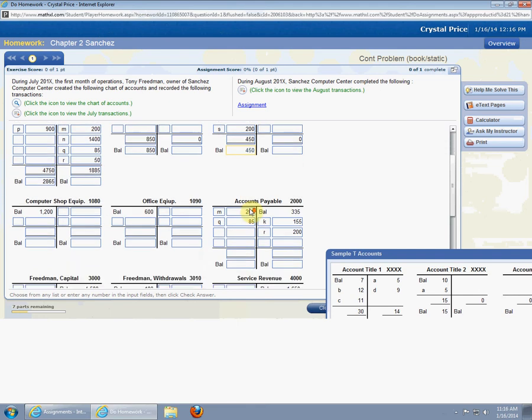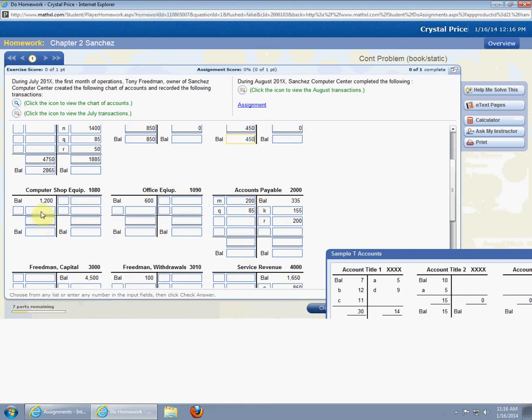Cash has the most entries in it. And if there are no numbers at all, we just put zeros where the balance should be. It should be where the 450 is, because that credit balance will limit.